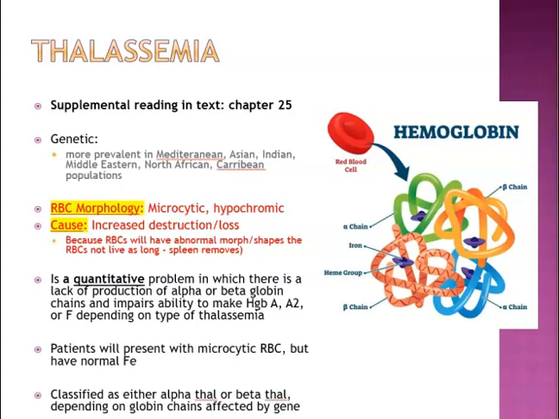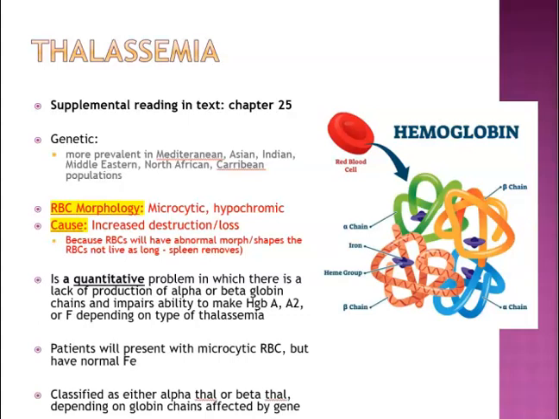Thalassemia is more prevalent in certain populations of people. These include people of Mediterranean descent, Asian, Indian, Middle Eastern, North African, and Caribbean descent. Usually patients will present with microcytic red blood cells, or small red blood cells, but they will have normal iron levels in the blood.